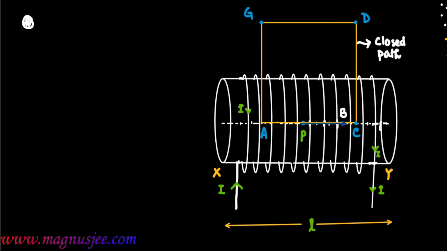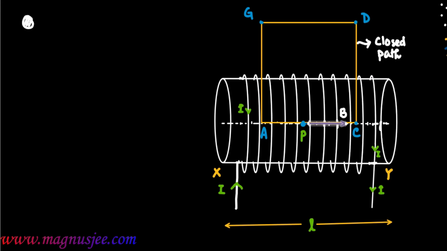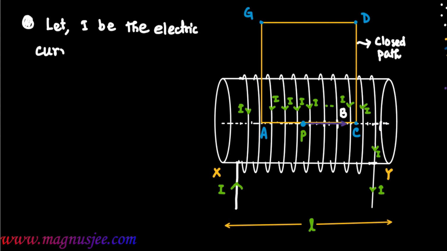At the point P, we can denote the direction of magnetic field B. B acts towards the end Y inside the solenoid, and there will be a current flowing through the turns in this way. There will be n number of turns of the solenoid through which a current I will be flowing, and n prime number of turns enclosed by the closed path ACDG.